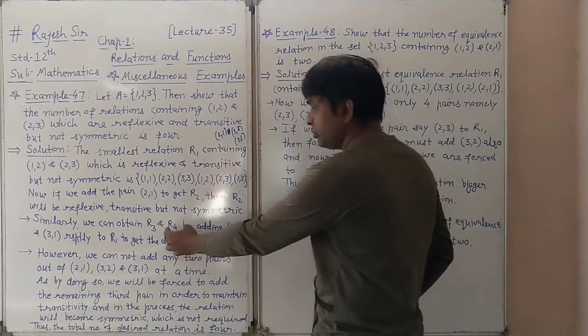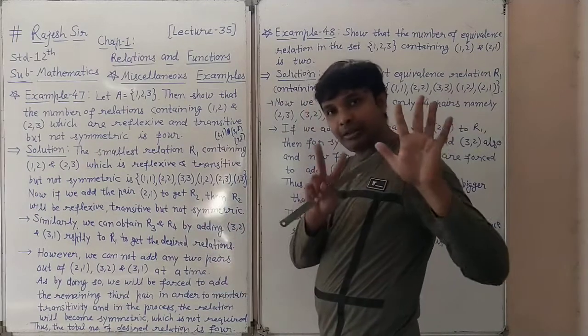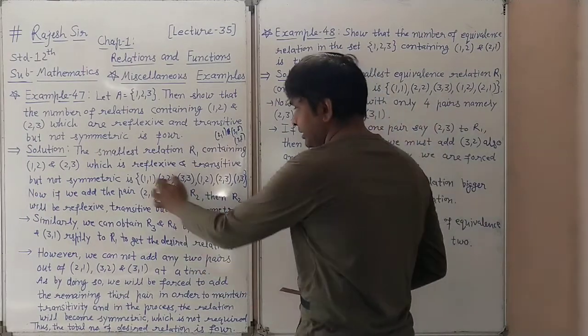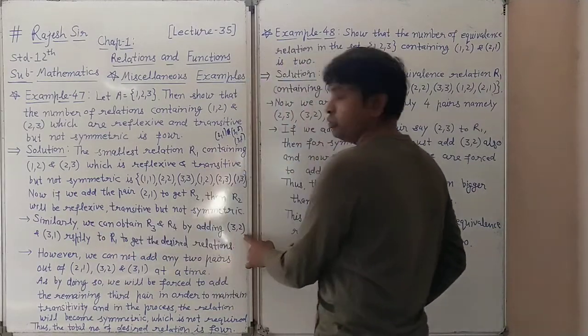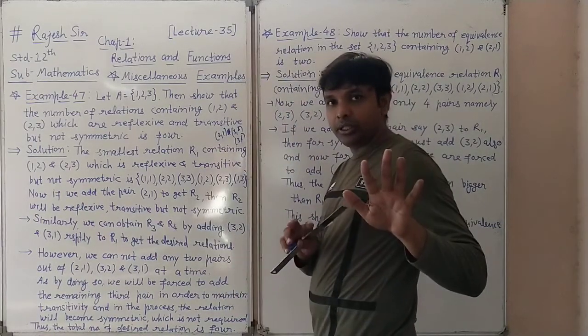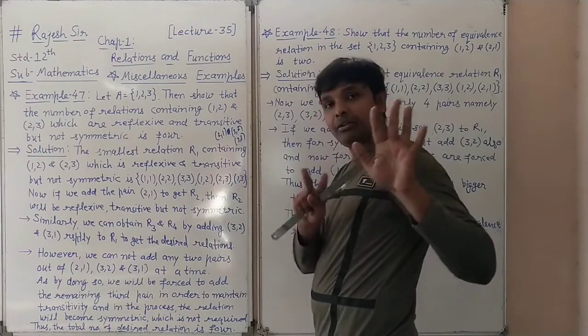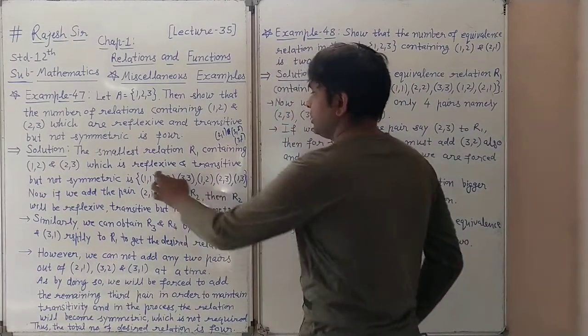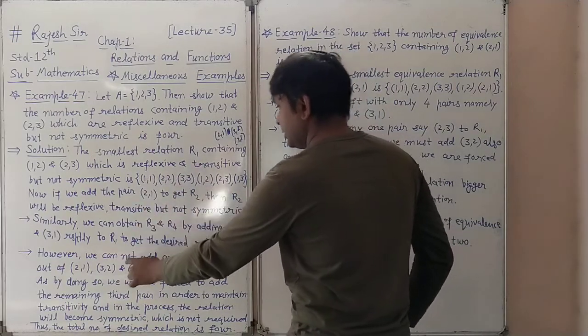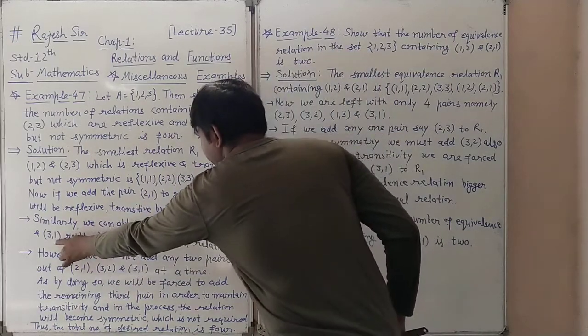In R3 also 7 pairs will be there: 6 are these and the 7th pair will be (3, 2). And the fourth relation R4 will also have 7 pairs: these 6 pairs and the seventh pair will be (3, 1).